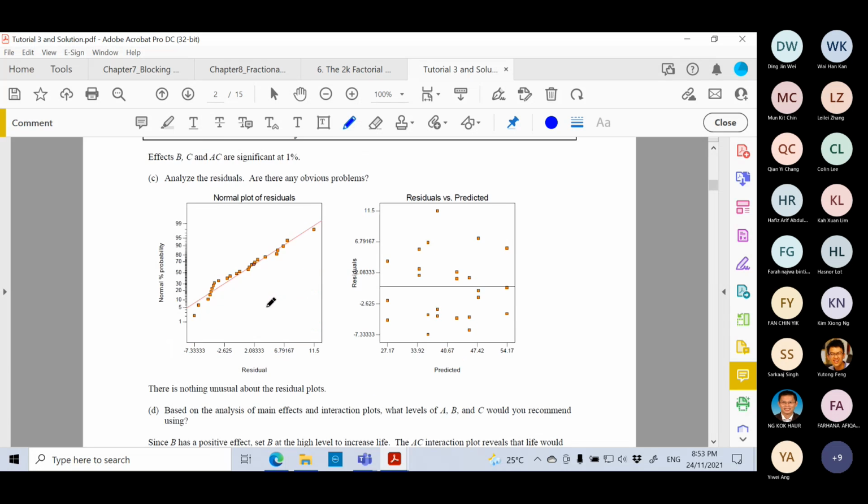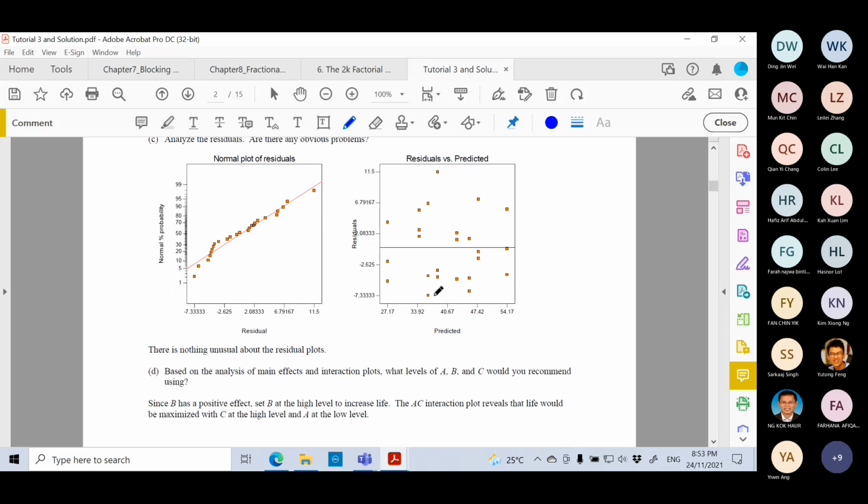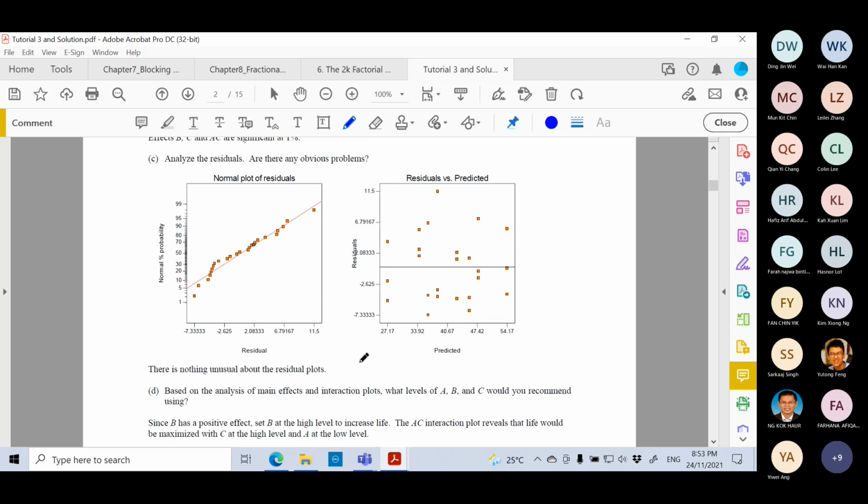If you observe these plots, they do not have any unusual pattern, so we accept the plots. Of course, it is not perfect because there is a certain shape here, but in general we can still accept it. Normally the constant variance we can still accept.